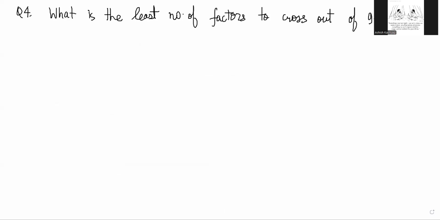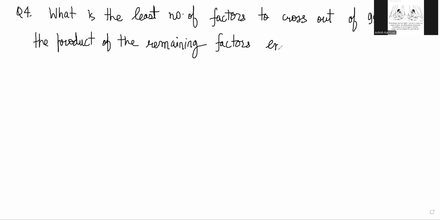So, what is the least number of factors to cross out of 99 factorial so that the product of the remaining factors ends in 2.